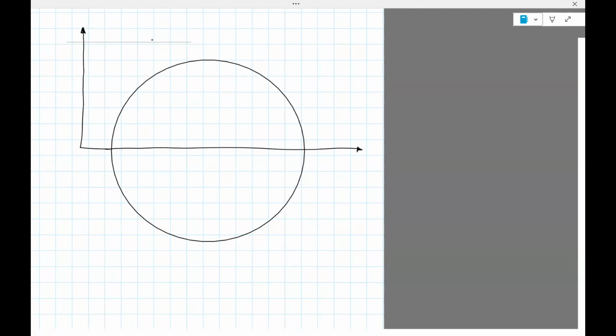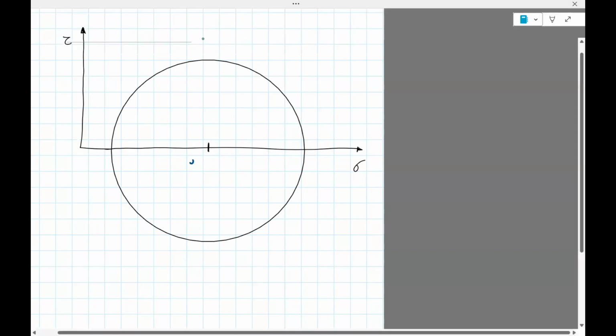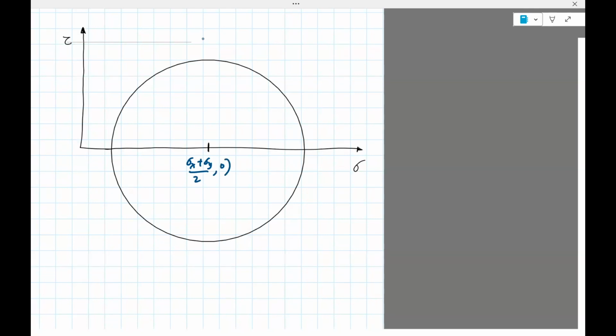As I said, the x-axis is sigma and the y-axis is tau. The middle of the circle is simply sigma x plus sigma y divided by 2, 0.